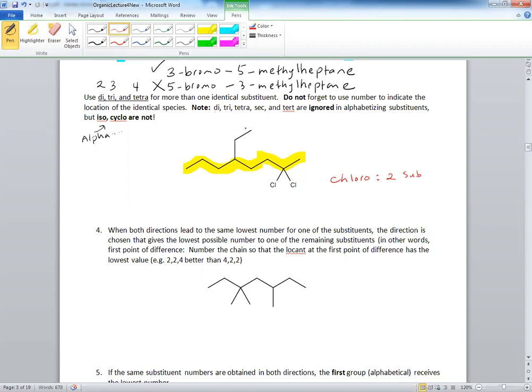And what do you think this group is right here? So it's two carbons. So that's from ethane, which is ethyl. Of course, the C wins. So you have to number from this direction.